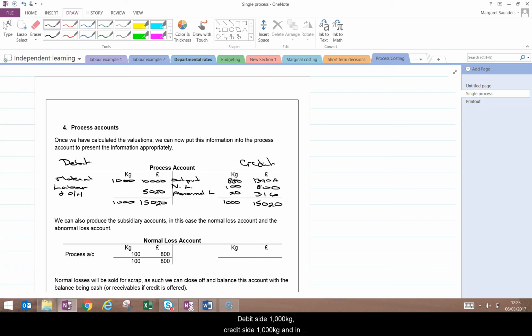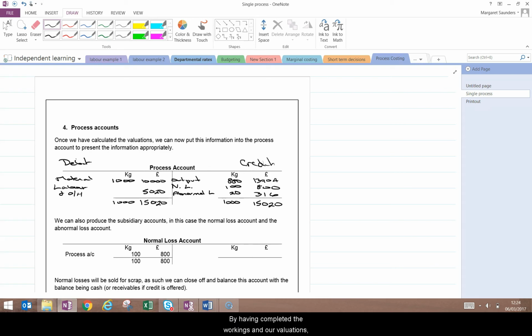Debit side 1,000 kilos, credit side 1,000 kilos, and in terms of value, on the debit side 15,020, and on the credit side 15,020. So that's the actual process account itself drawn up.